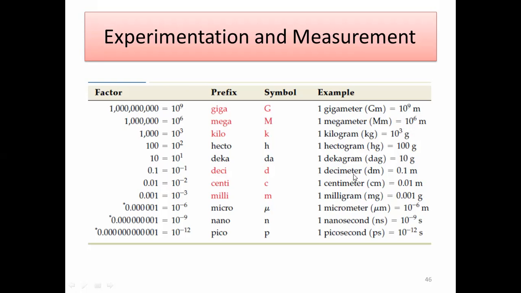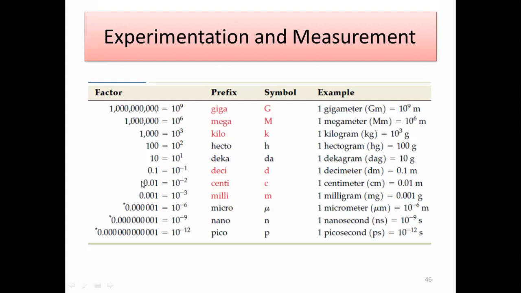So deci, 1 decimeter equals 0.1 meter. So this is actually the factor representing the deci, and whenever deci is there, you must understand we are talking about 0.1. Similarly, if you further decrease one number, it will become exponent -2, or it is 0.01. This is called the centi, and 1 centimeter means 0.01 meter.